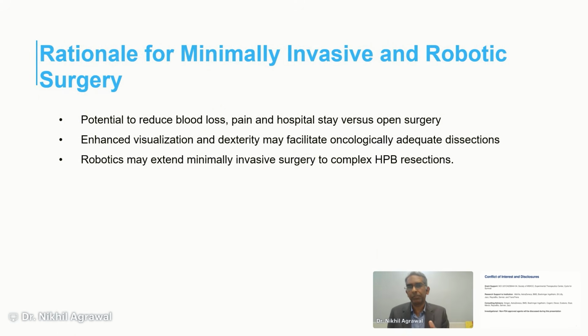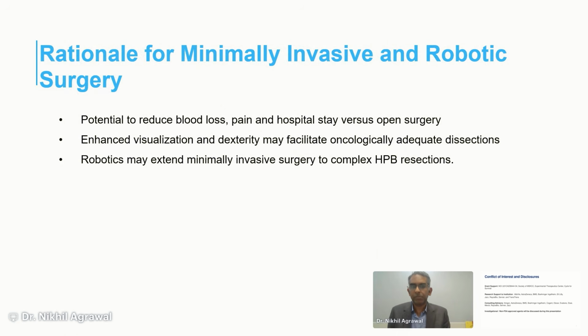Say, for example, if you do a 10-hour laparoscopic surgery, what we used to say is that laparoscopy has transferred the patient's pain to the surgeon's shoulder. So that's the problem with laparoscopic surgery. And definitely, blood loss is reduced, pain is reduced, and hospital stay is reduced when compared to open surgery, in laparoscopy as well.